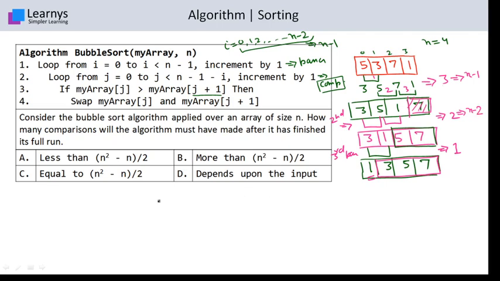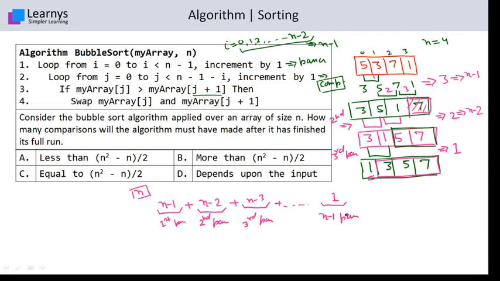In general, we have to find our answer for n elements. In the first pass, n minus 1 comparisons will be there. Then in the second pass, n minus 2 comparisons. In the third pass, n minus 3. In a similar way, the last pass will have only 1 comparison, and that is the n minus 1th pass.